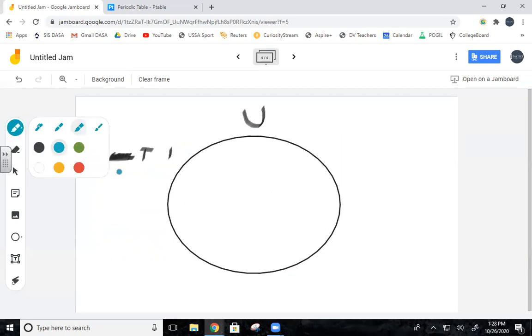Blue is going to be the second half-life. Red will be a third, T3. And then green as T4.